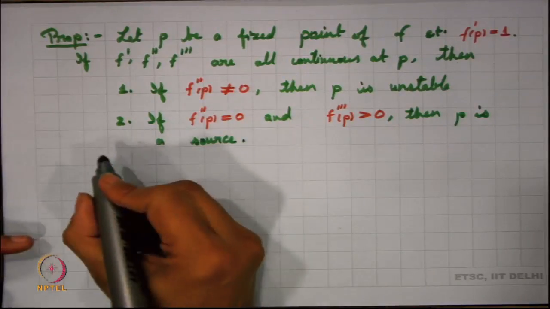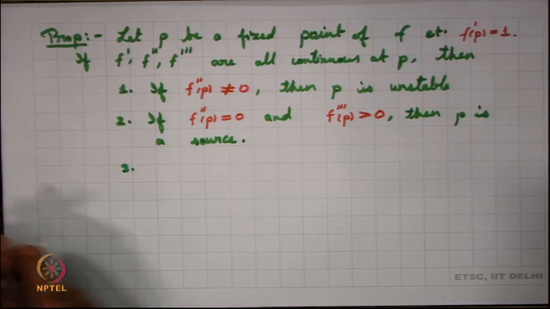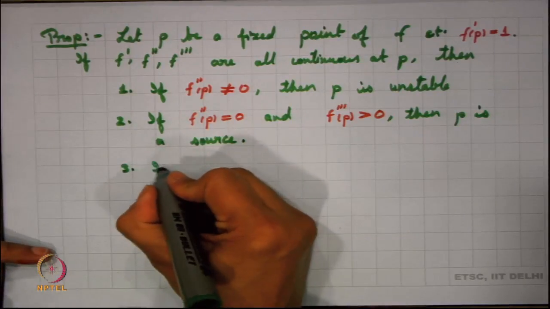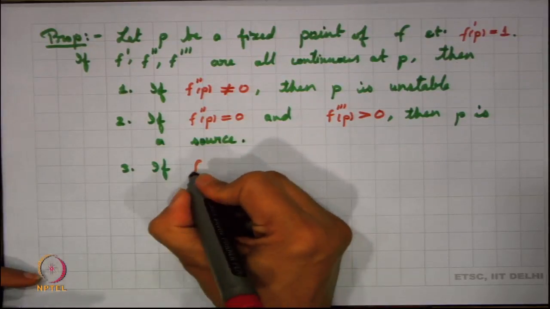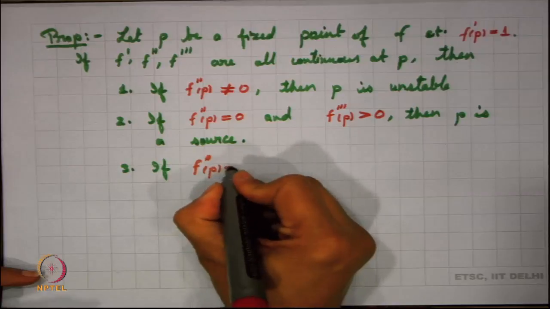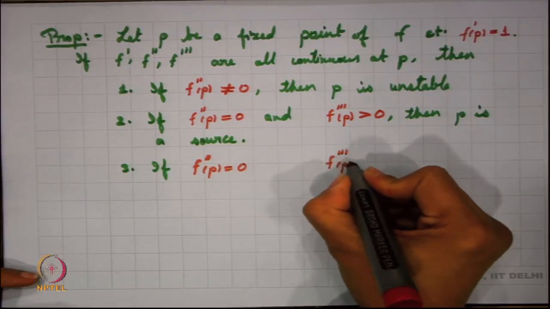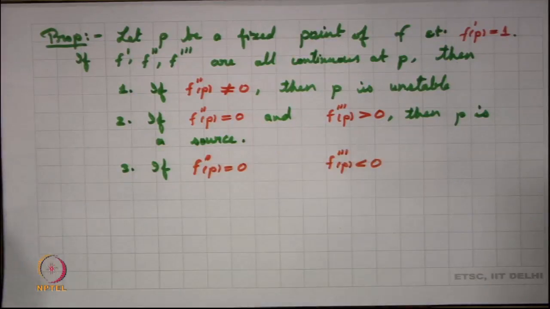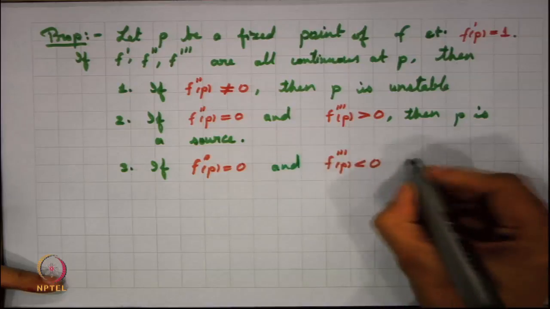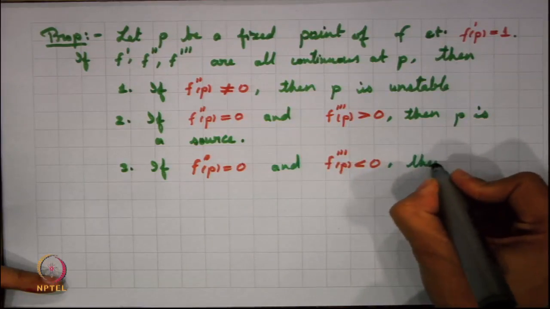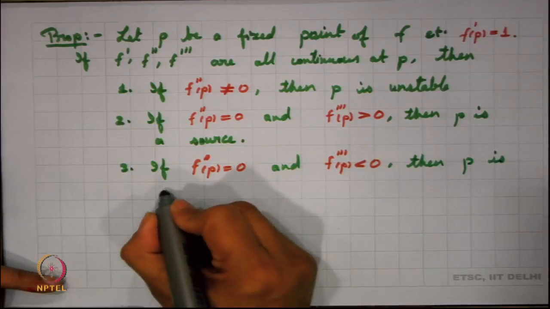Now, we have a third case here which says what happens if your f double prime p is equal to 0 and your f triple prime p is less than 0. Supposing we have these two cases, then p is a sink.